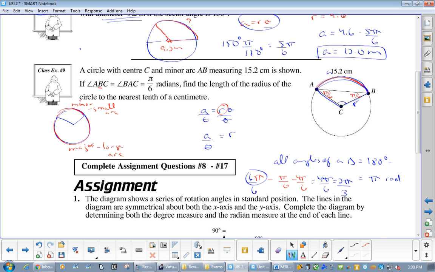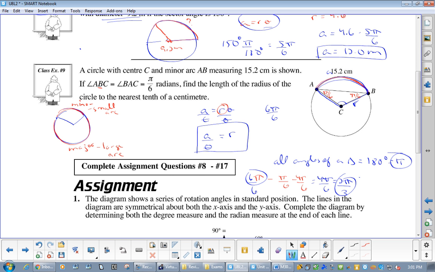Because all angles of a triangle equal pi. So if I take pi minus pi over 6 minus pi over 6, I'll get this angle here. I can't subtract pi over 6 from pi directly, so I did a common denominator, because 6 pi over 6 is pi, right? So I got 2 pi over 3. Now I can use my formula here, because if you come back here, it says A over theta equals radius.